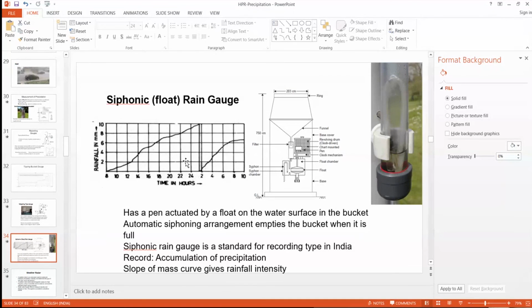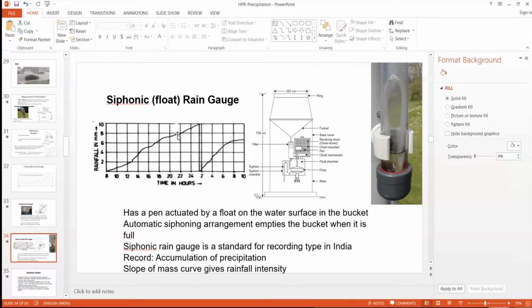So this is a typical recording of a siphonic rain gauge. You can see that as the rainfall is collected in the chamber, this curve is increasing.